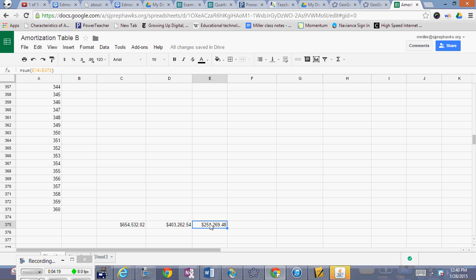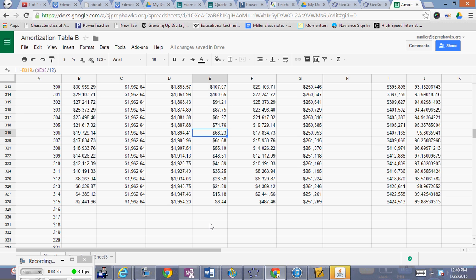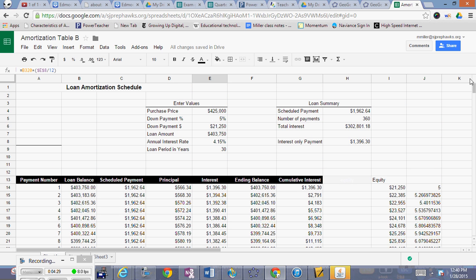Which is going to show the following. Look at the amount of interest I paid: $251,000, as opposed to this $302,000. So I've effectively saved myself some $51,000 in interest over the loan.